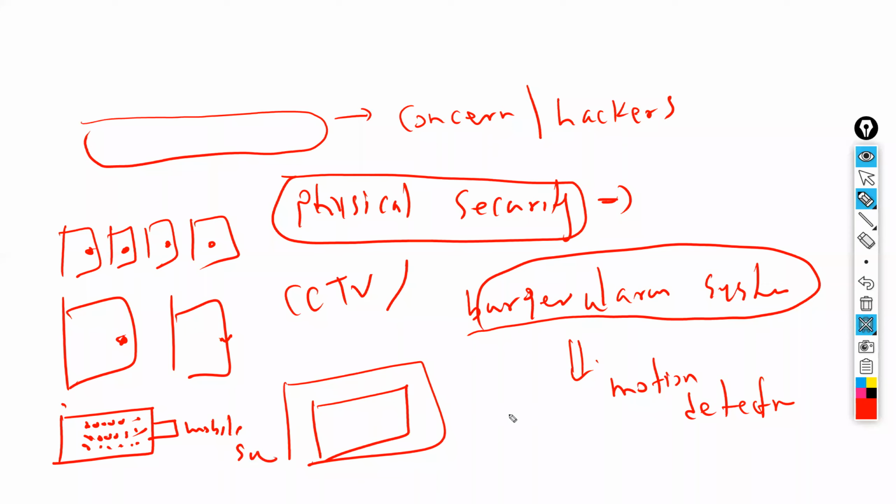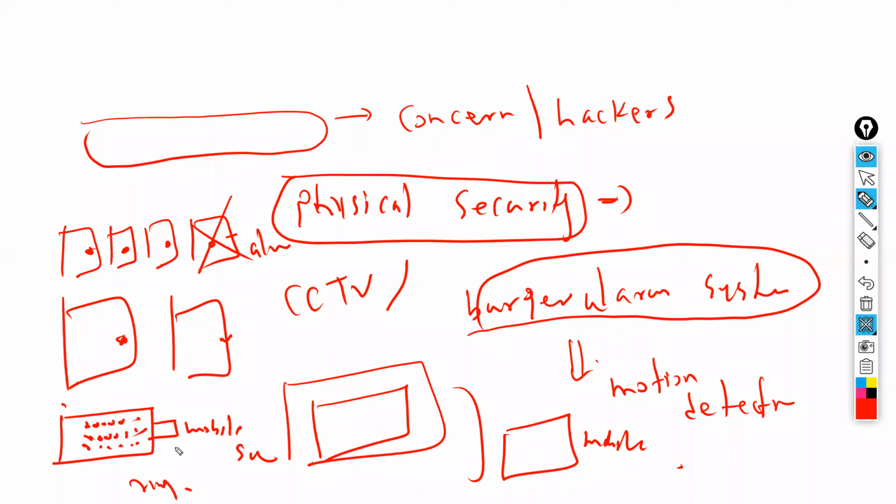We can even put a mobile SIM in this manageable device. Then when you are outside, if some thief comes and breaks your window, you will get an alert on your mobile phone. When the window breaks, the alarm is triggered or activated, and the message comes straight away.